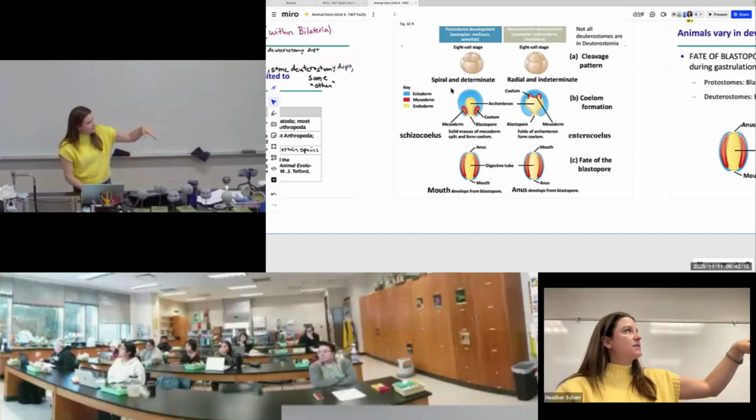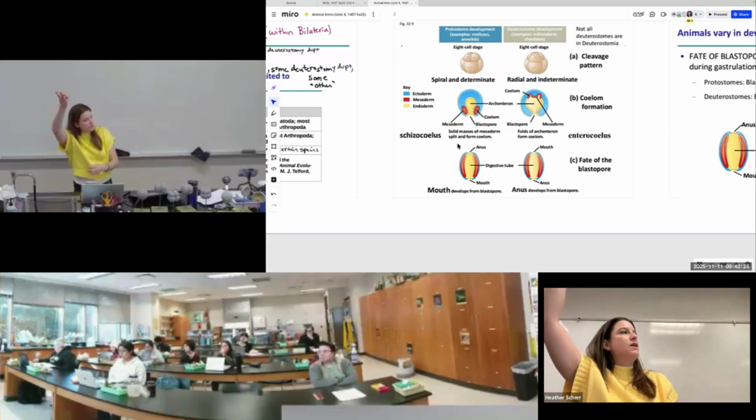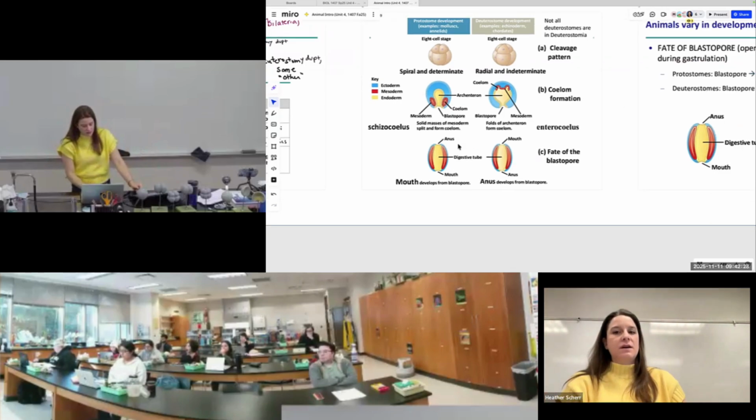And then we also have how the coelom forms, like the mesoderm in particular, and then whether the first opening, the blastopore, turns into the mouth and the other side is the anus, or whether the blastopore turns into the anus and the other side is the mouth.